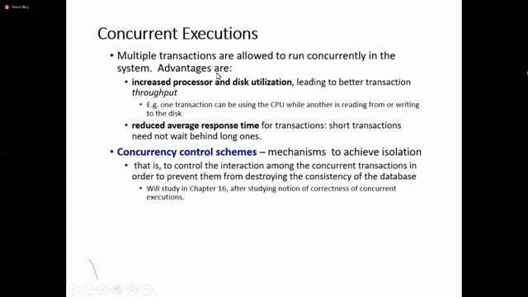Concurrent execution we are going to study deeply in the next chapter, therefore I skip that. Concurrent control means that at a specific time, only one transaction can execute a write.